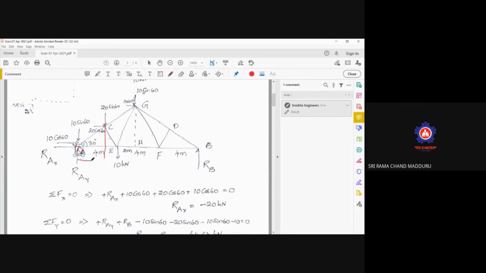What is the perpendicular distance for this force? Similarly, 20 cos 60 is acting horizontally. The moment about A is given by the perpendicular distance, and this is the perpendicular distance for 20 cos 60. To calculate that, in the previous class I wrote it as y1, and this is x1.